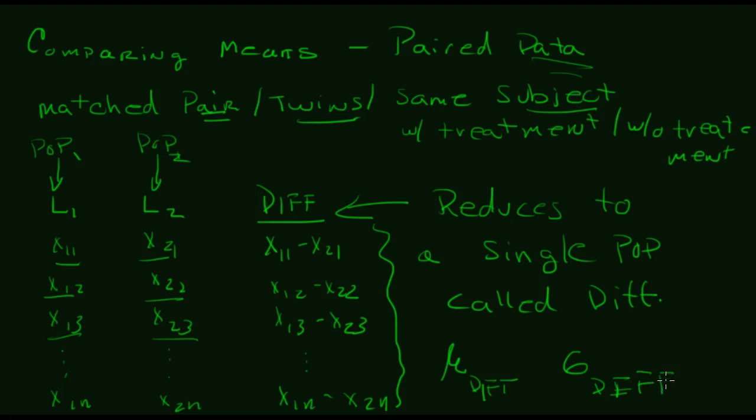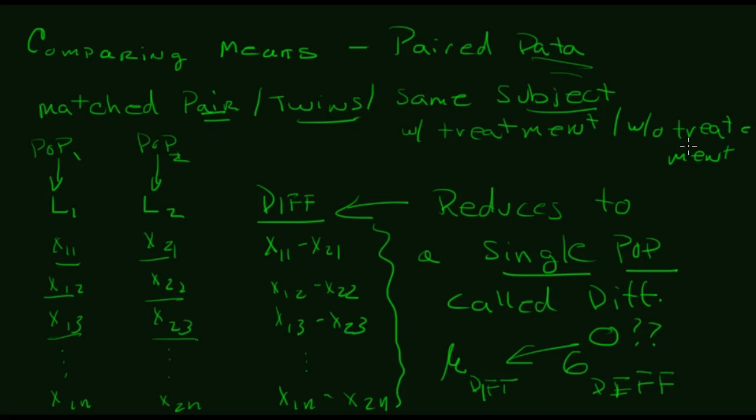But the nice thing is that we already know how to do all of this, right? How to take a confidence interval and things like this. In most cases, what we care about is when mu of the difference is 0, because that means these populations don't have anything different about them. So if you have with treatment and without treatment, then the treatment's not doing anything if the mean difference is 0.